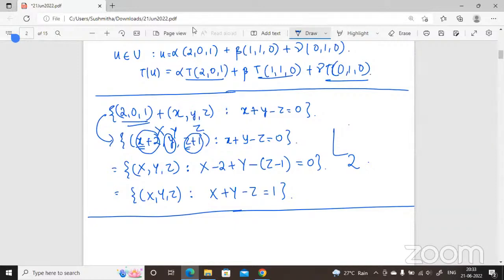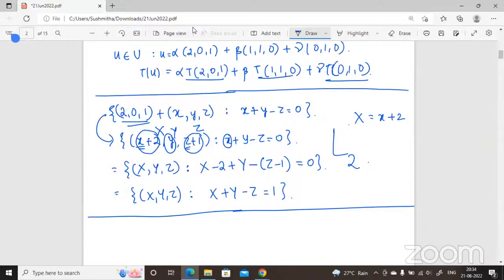And now I want to find out what this plane is, right? I'm taking it as capital X, capital Y, capital Z, meaning I want to find all the points on this plane. Capital X is x plus 2. So what is small x from capital X? From here.